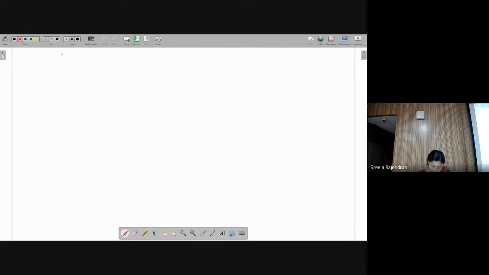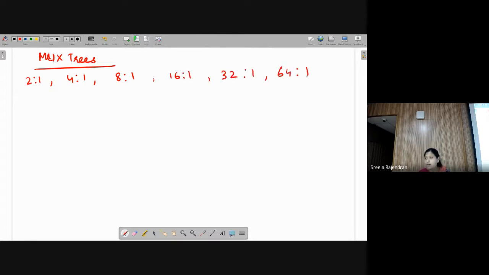Now, let's look at something called mux trees. I have small muxes, like 2 is to 1 mux, 4 is to 1 mux, even 8 is to 1 mux is available, possibly 16 is to 1 sometimes. But if I want larger muxes, 32 is to 1, 64 is to 1, these are not available as ICs in the market. So I have to construct muxes of larger complexity from muxes of lower order.